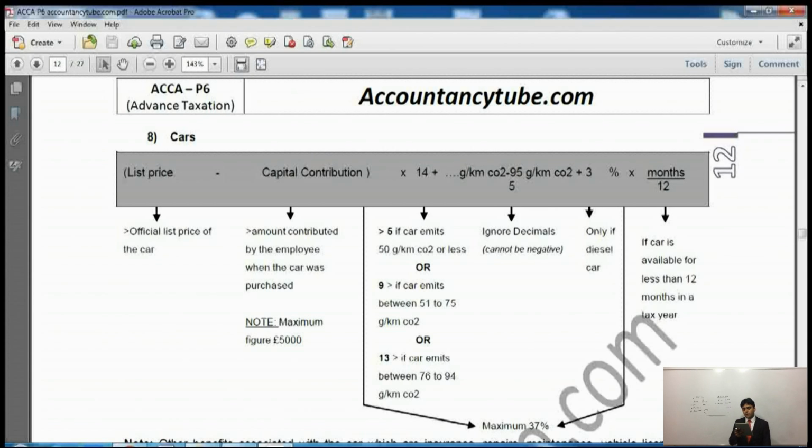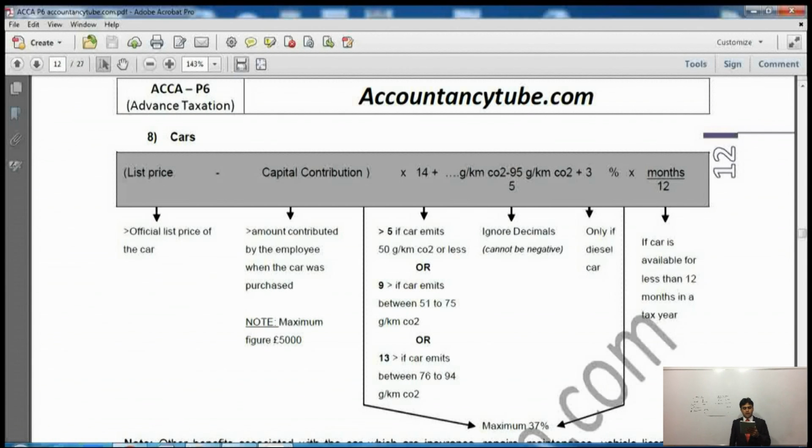Now, instead of 14, it will be 5 if the car emits 50 grams per kilometer of CO2 or less. If the car is emitting 50 grams per kilometer, it will be given to you in the exam. It is not our subject area to investigate. It will be given to you in the exam what the carbon dioxide emission of the car is.